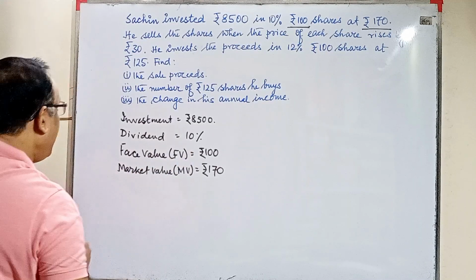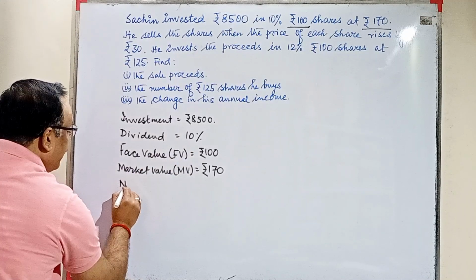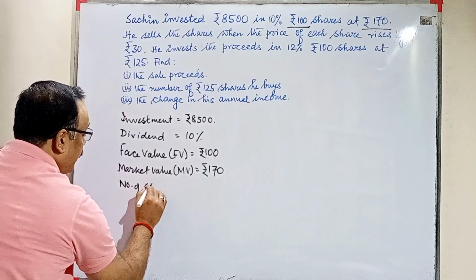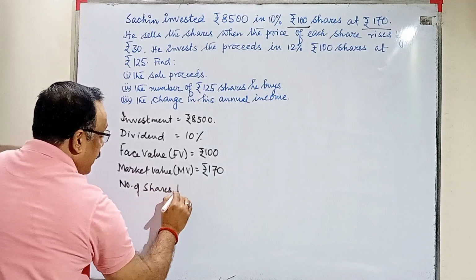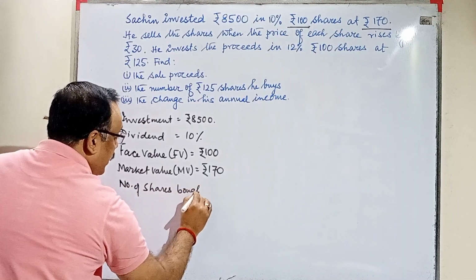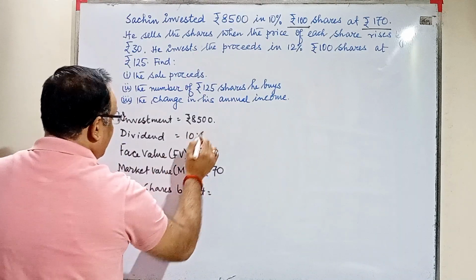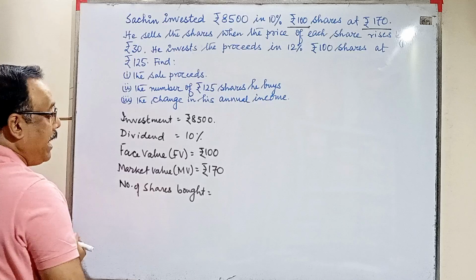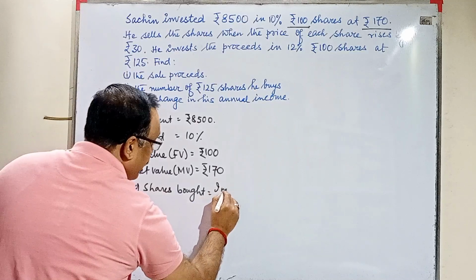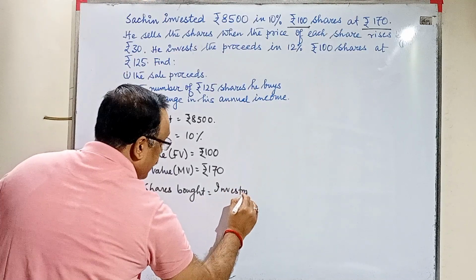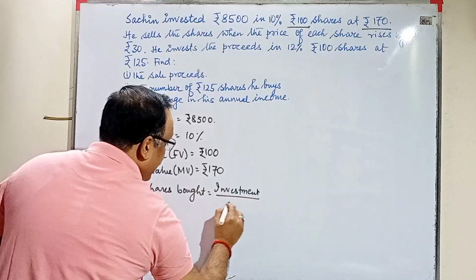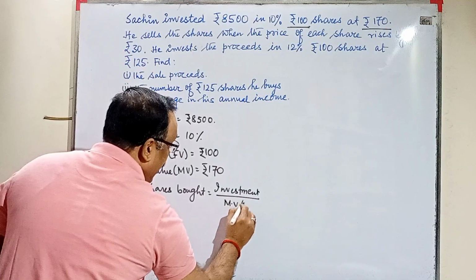So first we like to find out how many shares did I buy. So number of shares bought. That is equals to what? That is equals to my investment divided by at what price I am buying. So investment divided by market value per share.